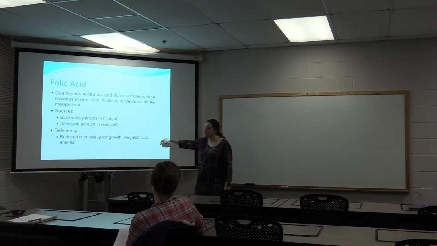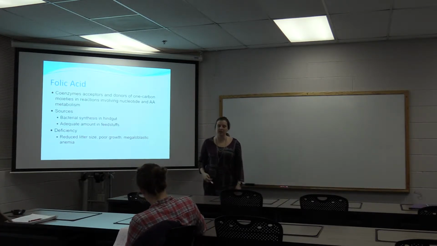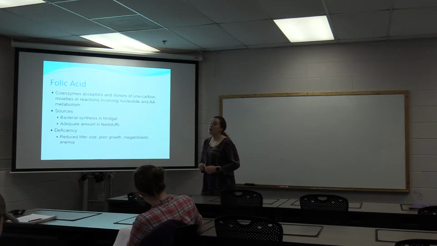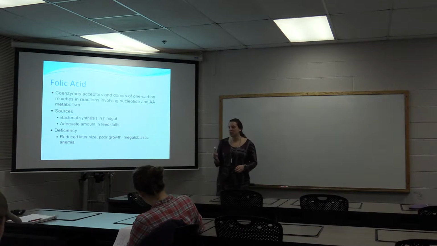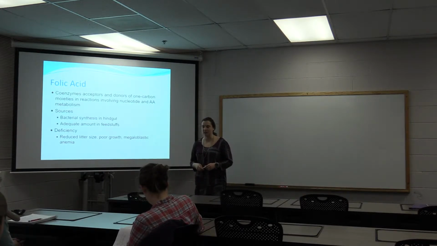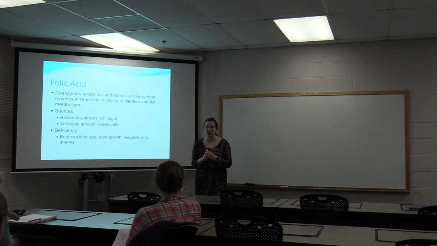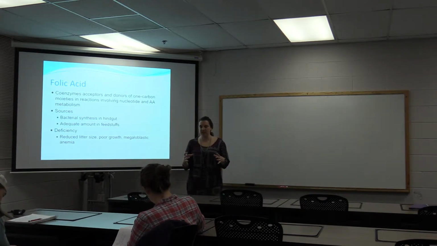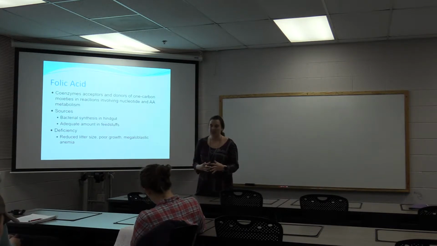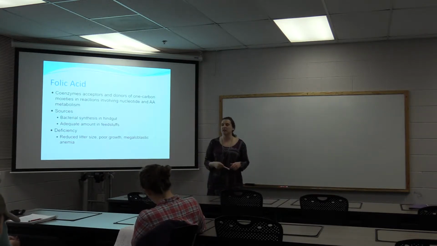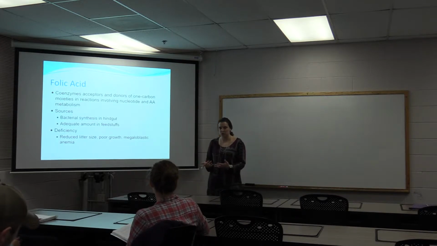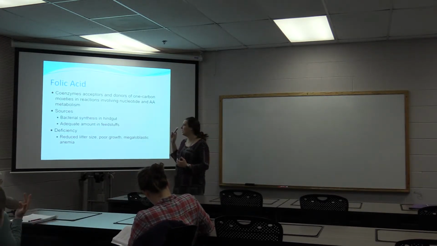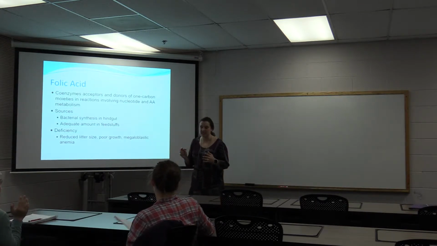Megaloblastic anemia. Most of the time when people think of anemia, you think of lack of iron. Lack of iron causes microcytic anemia, where your red blood cells are really small. Megaloblastic anemia is where your red blood cells are very big, and a lot of times that's because they are immature, because we don't have the purines and pyrimidines, the DNA.